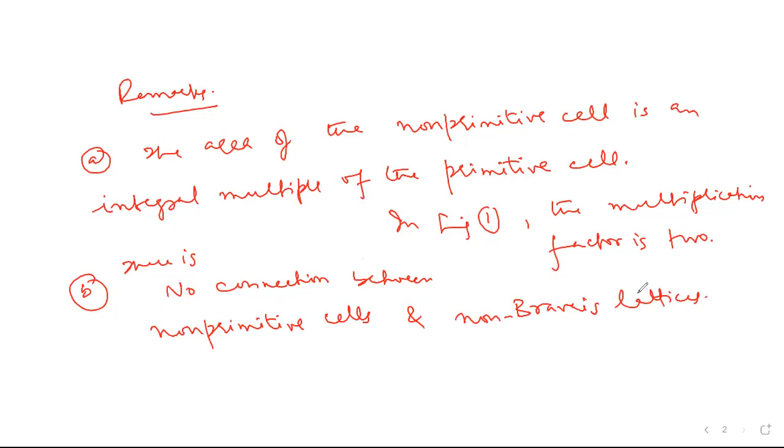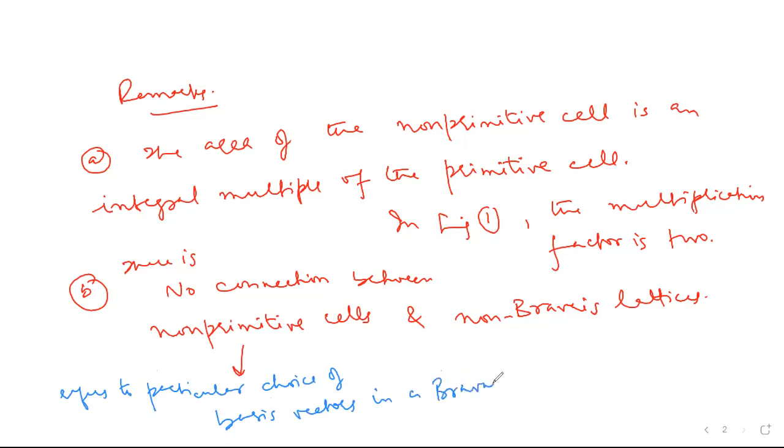Non-primitive cell refers to a particular choice of basis vectors in a Bravais lattice, right?